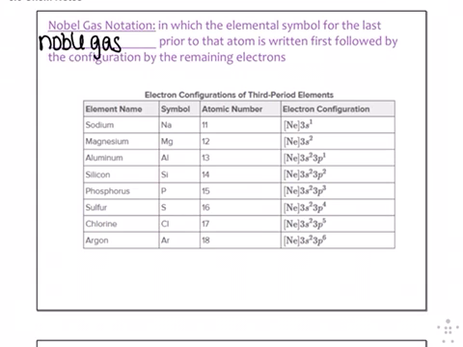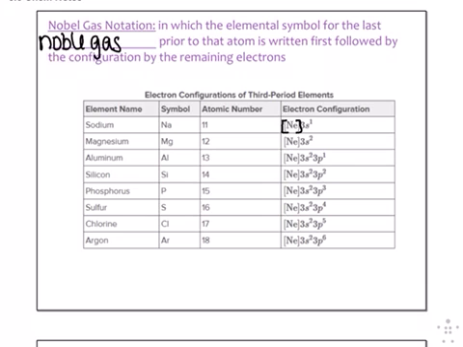The noble gases are in the very last column. So helium, neon, argon, krypton, xenon, radon. The closest noble gas to sodium would be neon. So what they did here is they put neon in brackets, and then they continue their electron configuration from that.